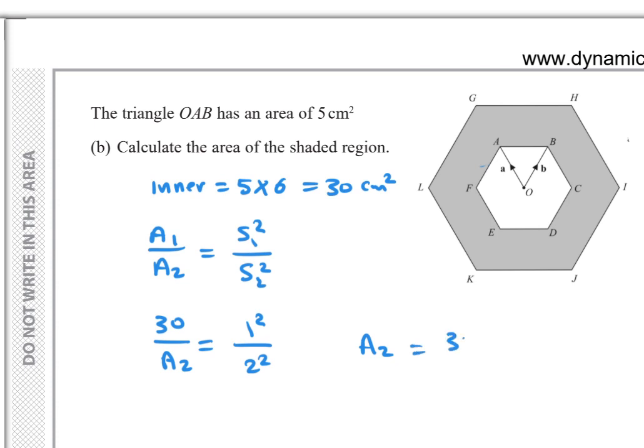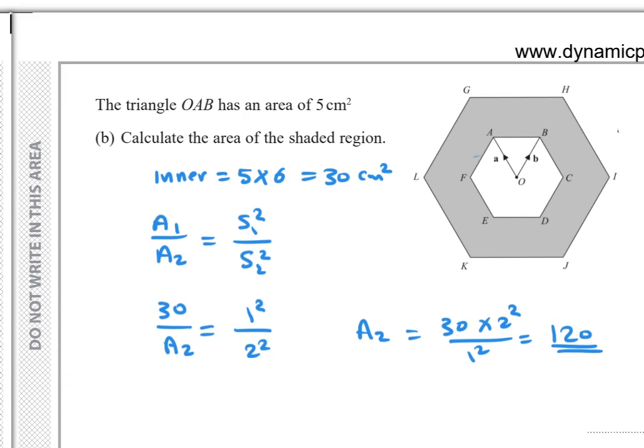So 30 times 2 squared over 1 squared equals 120. So the area of the outer is 120 and the inner 30. So to find the area of the shaded region, subtract 120 minus 30 equals 90 centimeters squared.